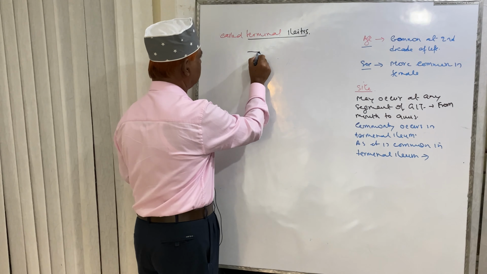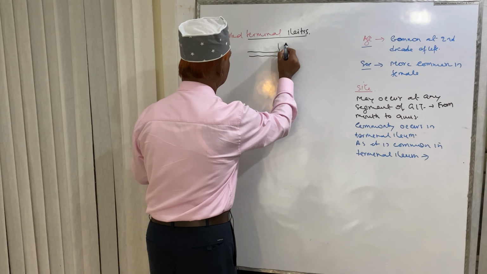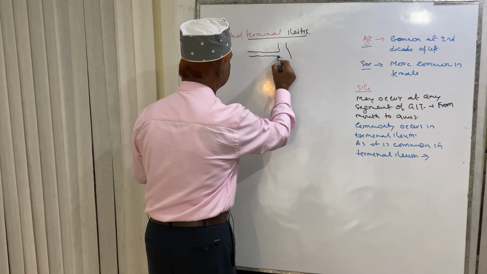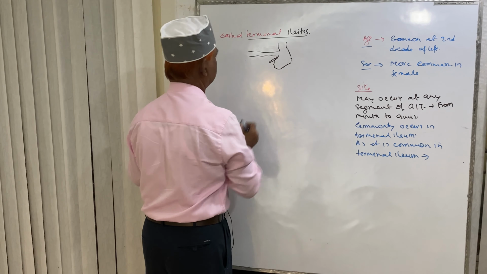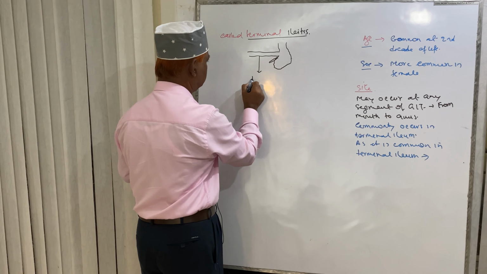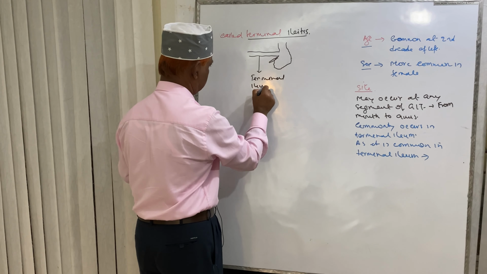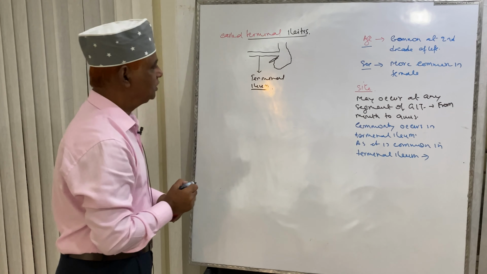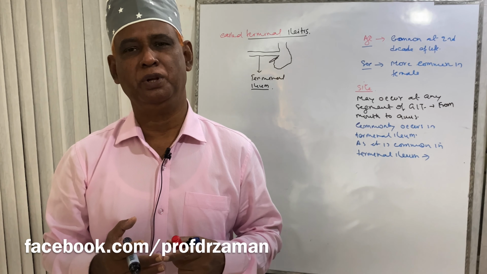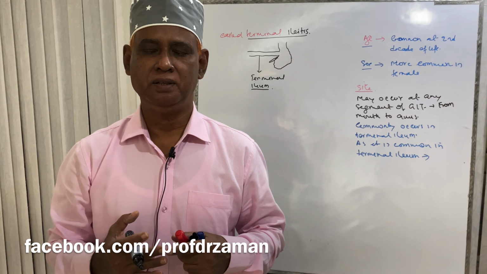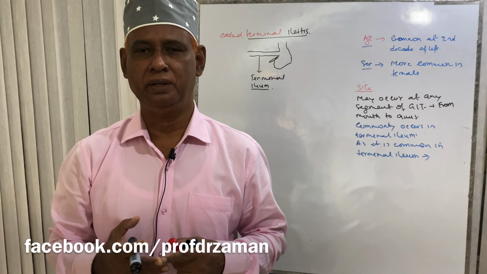Suppose this is the terminal ileum, this is the colon, this is the cecum, and this is the appendix. Dear audience, Crohn's disease sharply involves this segment of intestine. As it sharply involves this segment of intestine, it is also known as regional enteritis.